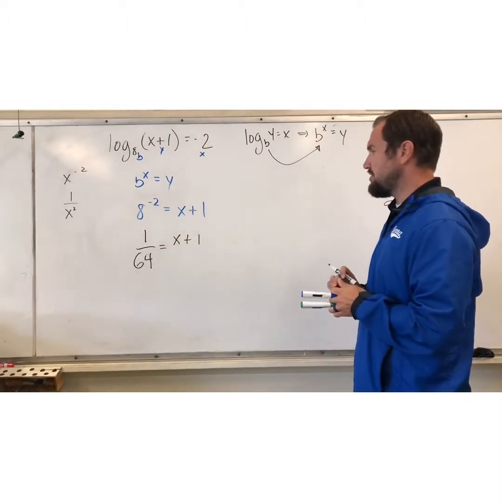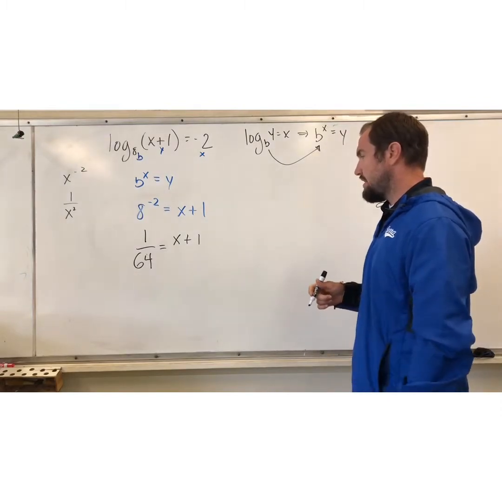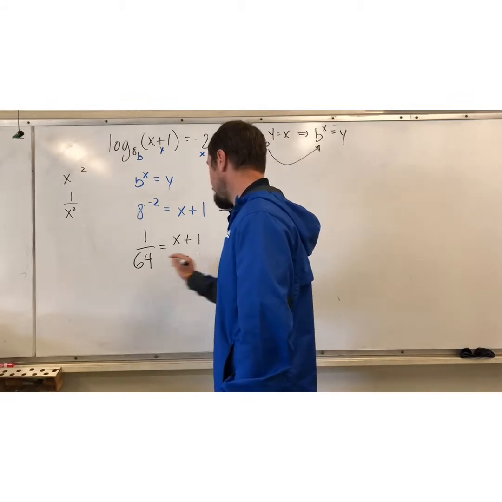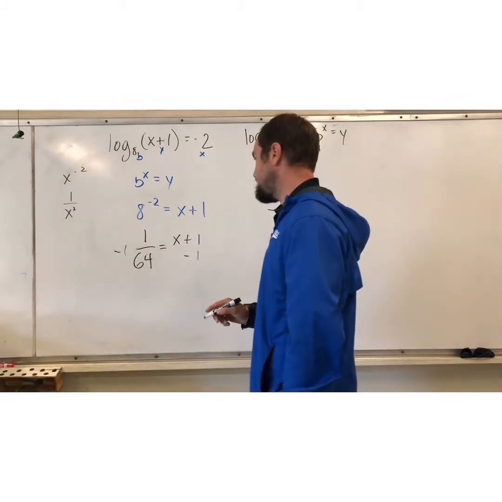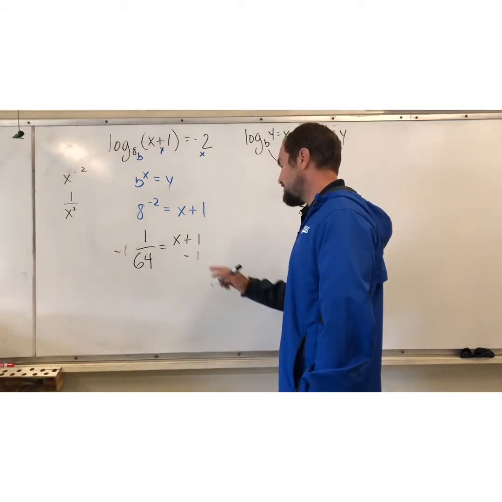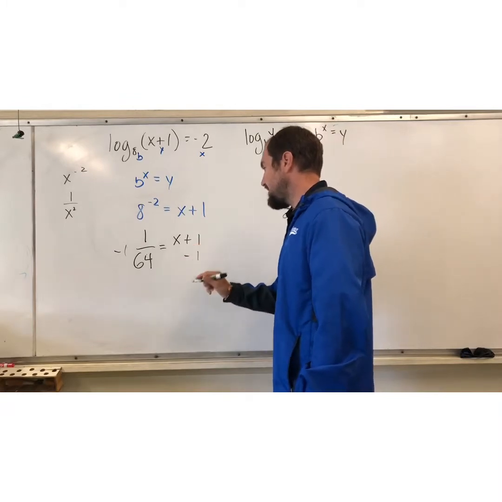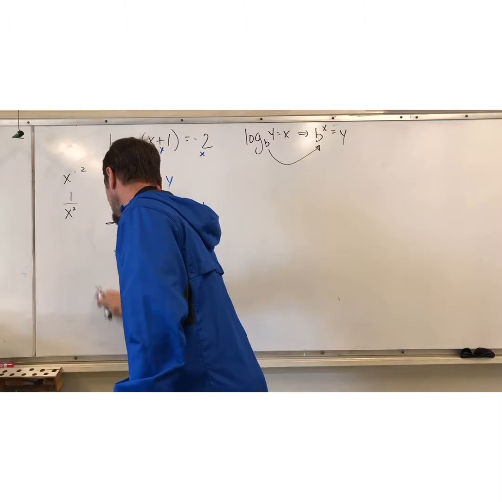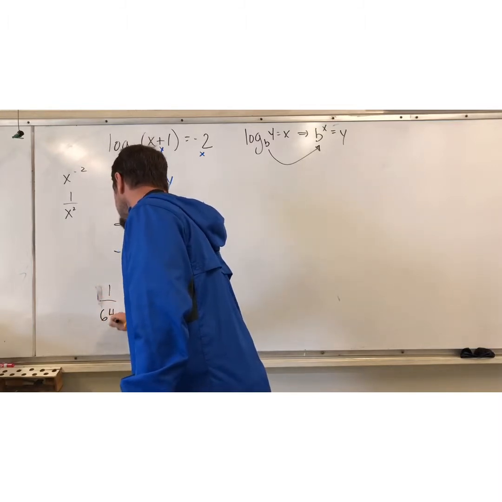Now, there's a couple ways of looking at this. One, I would say, okay, we could subtract 1 from both sides. That's probably easiest to get x by itself, which would mean that you would do 1 over 64 minus 1.